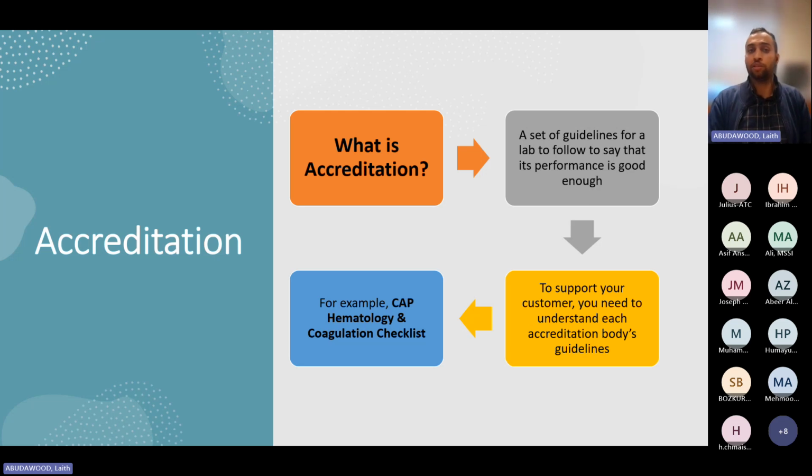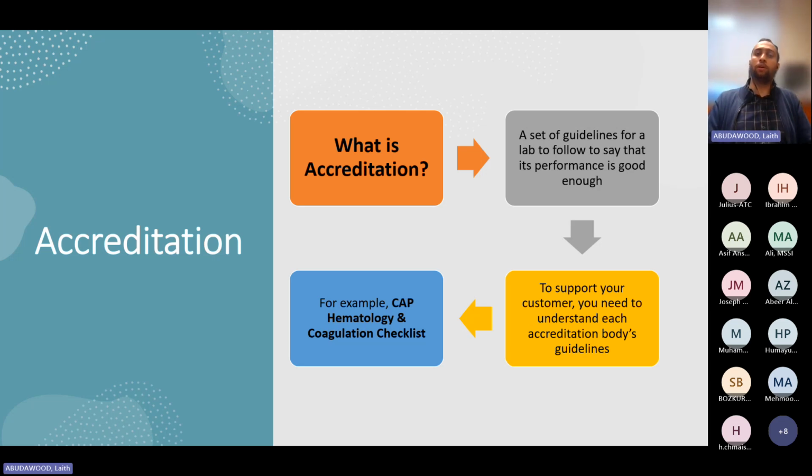If you don't know this, then you will be getting wrong proficiency testing results for CAP. You also need to understand how the customer evaluates the CAP samples, because in many cases, the customer will tell you my CAP samples are out. So you need to understand how to evaluate these CAP samples. So again, what's the point of you knowing about accreditation? It directly affects your work in supporting the customer.